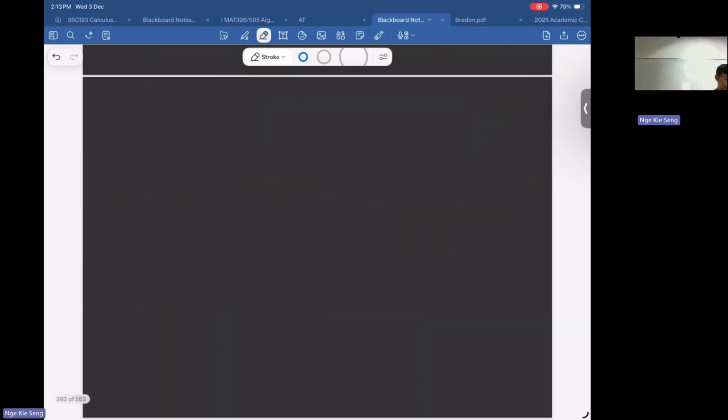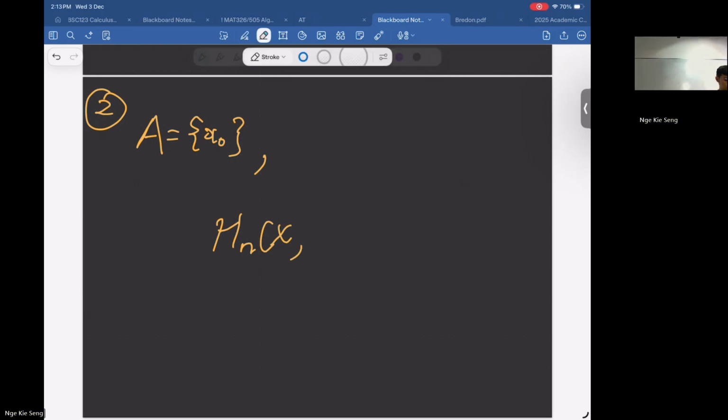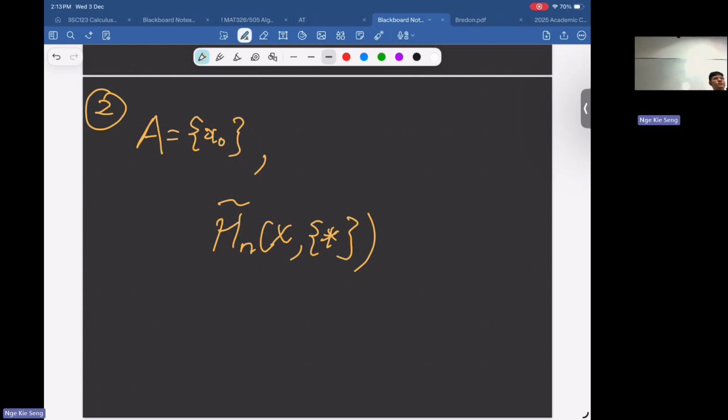Okay. Another thing is, what if A is a point? So what is the relative homology for this part here? So what is this thing? Okay.